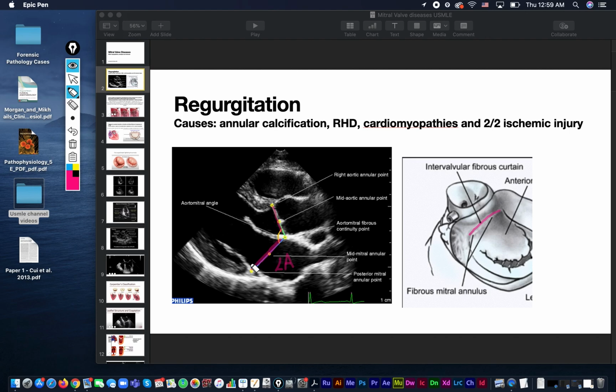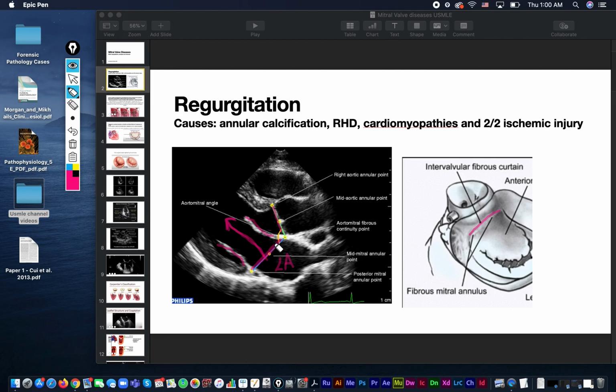So if you have the left atrium and it's going back here, since both leaflets are failed, you would get a linear jet flow rather than a lateral or eccentric jet flow.